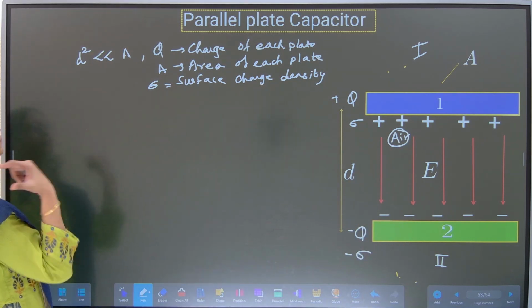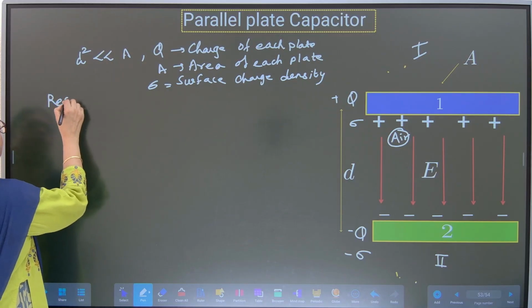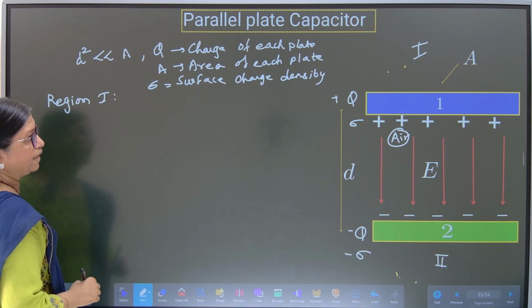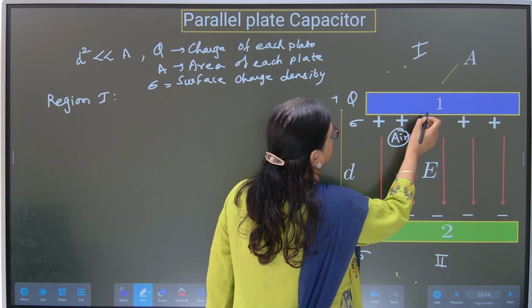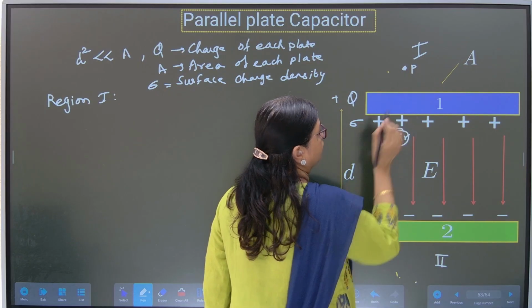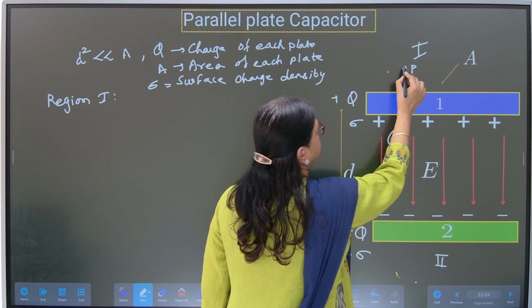So now let us see whether in region 1 there is an electric field. Is it there? Is it not there? Let us talk about this plate and a point P in region 1. What will be the electric field due to these charges?